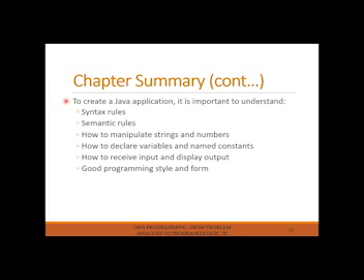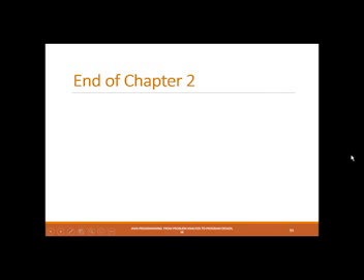And then, ang last lesson natin, yung to create a Java application program. Now, to create a Java application program, it is important to understand, ito na yung ating last lesson, syntax rules, semantic rules, how to manipulate strings and numbers, how to declare variables and name constants, how to receive input and display output, and the good programming style and form. And that's the end of chapter 2.